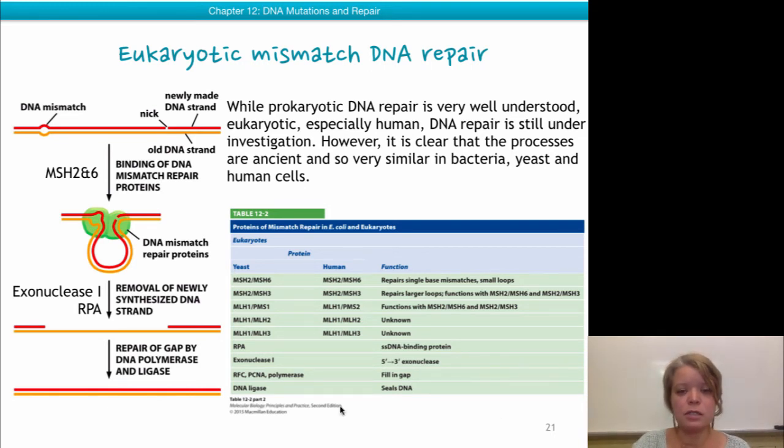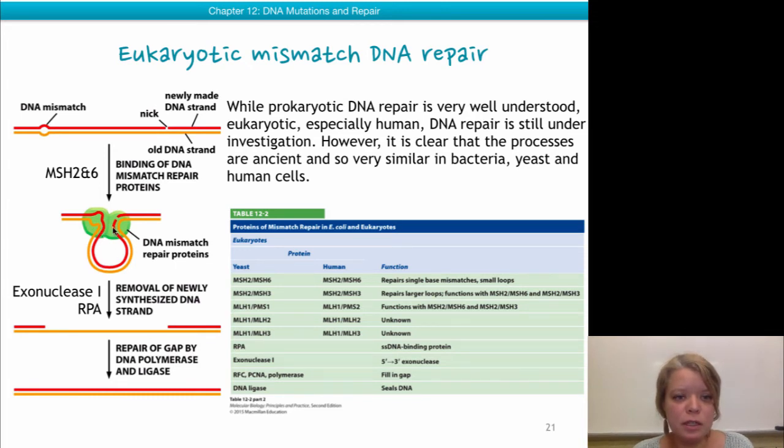So here's the laundry list of the enzymes that participate in mismatch repair in a simple eukaryote, yeast, and then a complex one, a human. If you compare it to the DNA mismatch repair of a prokaryotic cell, they are very, very similar. They're similar proteins that fulfill very similar functions. MSH2 and 6 are the mismatch repair proteins that recognize the bulge and the new DNA nick, and then exonuclease 1 and RPA come in.